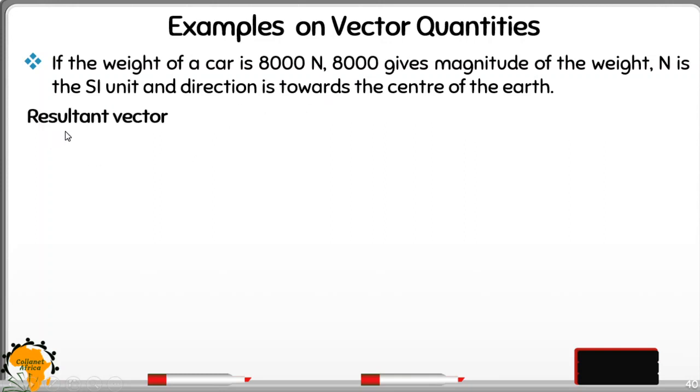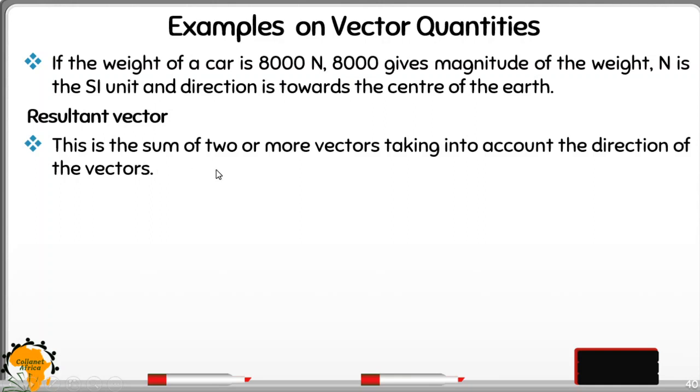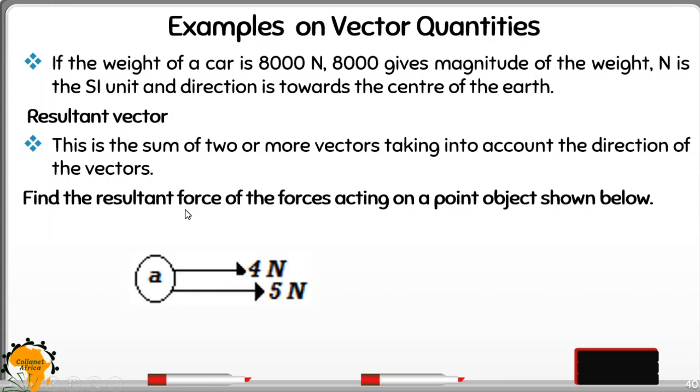So we come to resultant vector. This is the sum of two or more vectors taking into account the direction of the vectors. Remember, a vector has direction. So when you are adding them, you consider the direction. We can have an example here. You have two forces that are acting in the same direction. You have 5 Newton and 4 Newton.